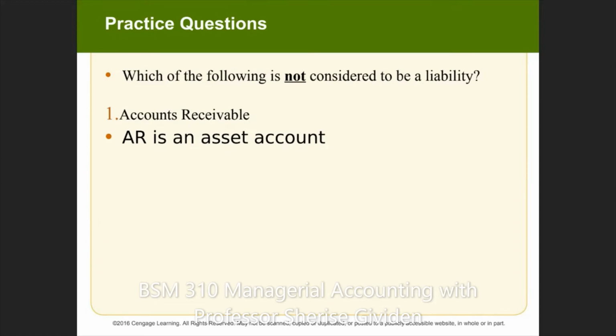What's a good example of accounts receivable? It could be that you did some work and the person owes you money.